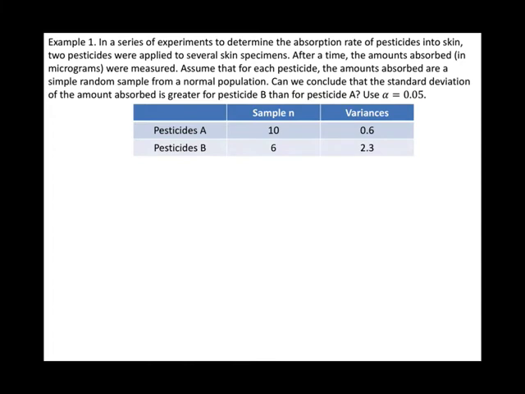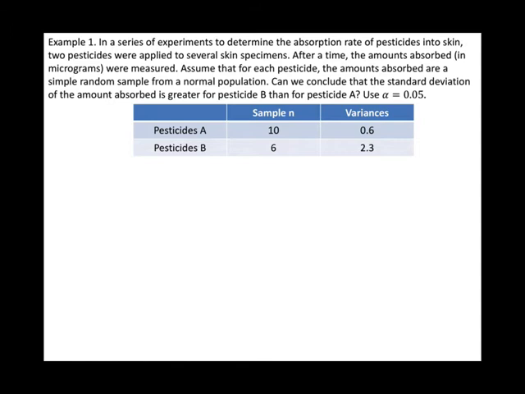Example 1. In a series of experiments to determine the absorption rate for pesticides into skin, two pesticides were applied to several skin specimens. After a time, the amounts absorbed were measured. Assume that for each pesticide, the amounts absorbed are a simple random sample from a normal population.